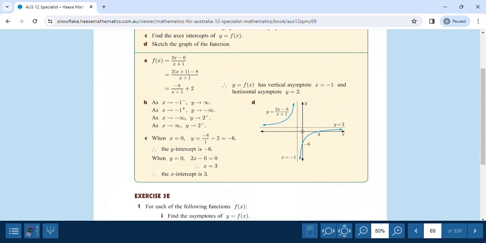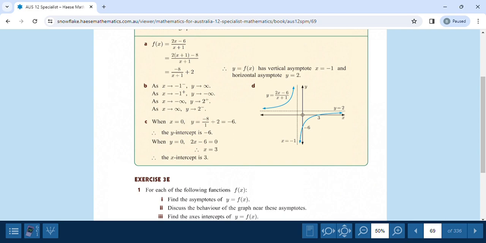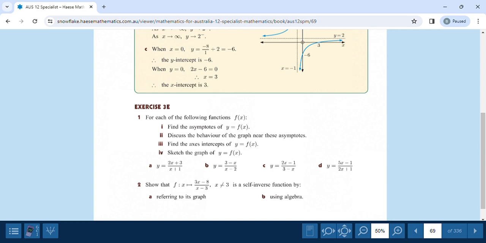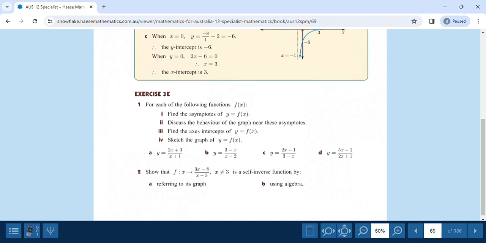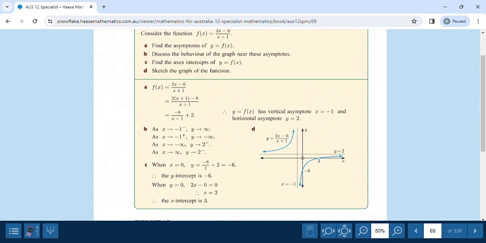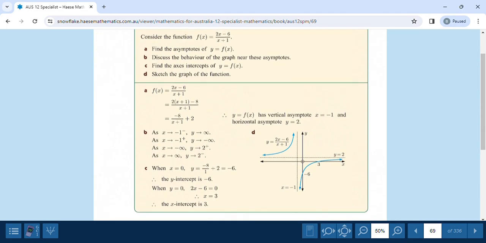Just having a look at this here. In the first question of 3E, it follows this worked example that they've got. Yeah, these questions are very, very repetitive, so you'll nail this chapter if you get the common theme or the common message.